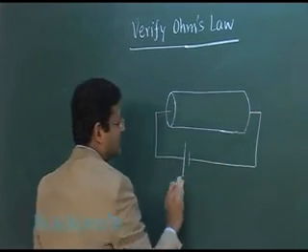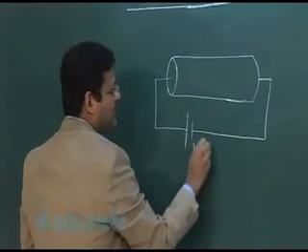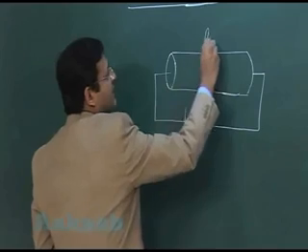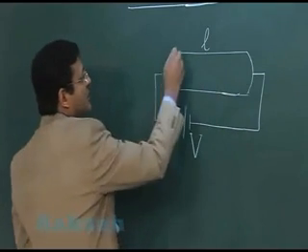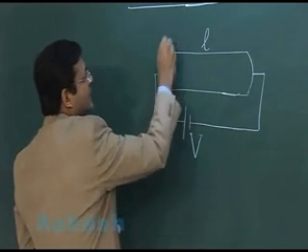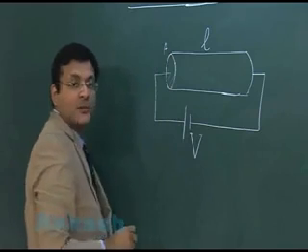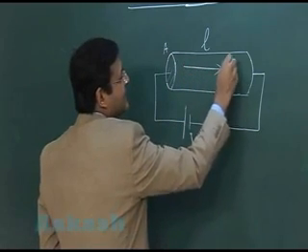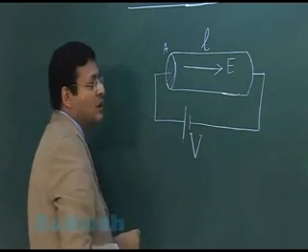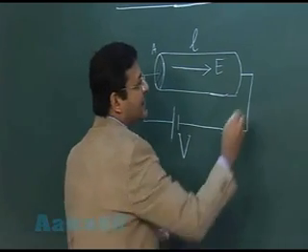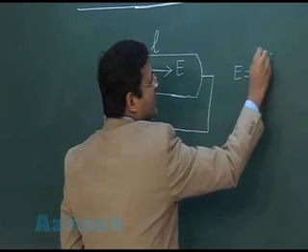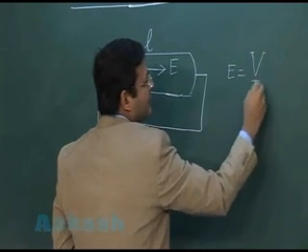The voltage I am indicating by capital V. Let us suppose the length of the conductor is L. Cross-sectional area here is A, because of which an electric field E has been set up inside this conductor. You can successfully write that electric field E is potential upon length.